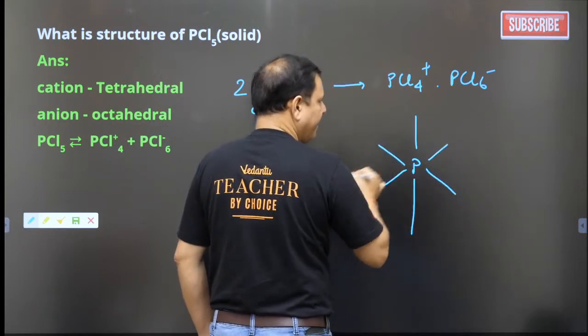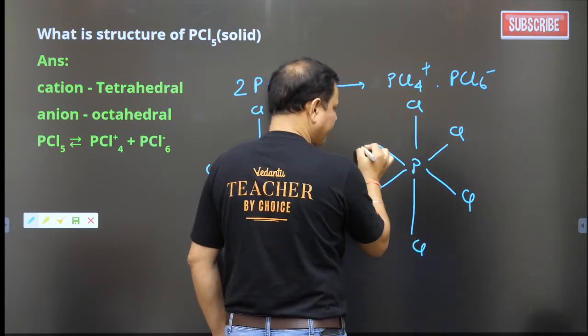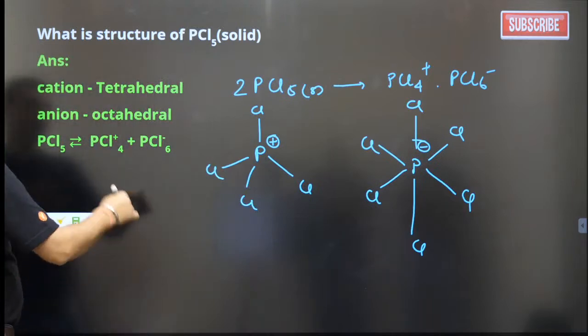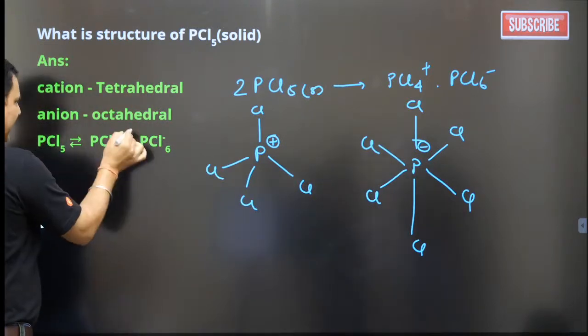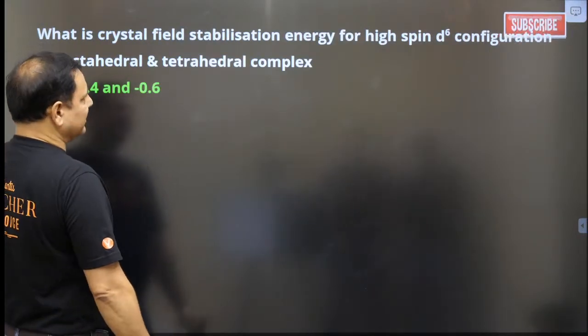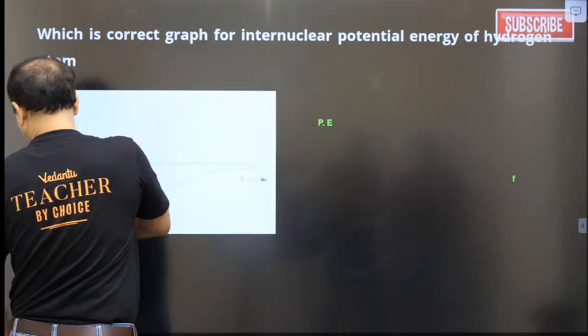PCl4 plus is tetrahedral and PCl6 minus is octahedral. So the cation is tetrahedral and the anion is octahedral.